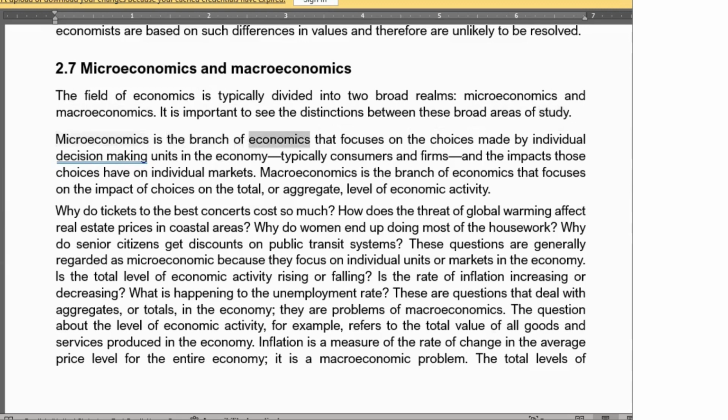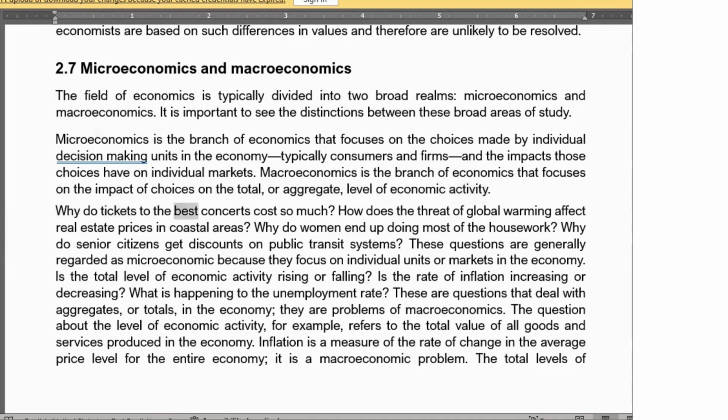Microeconomics is the branch of economics that focuses on the choices made by individual decision-making units in the economy, typically consumers and firms, and the impacts those choices have on individual markets. Macroeconomics is the branch of economics that focuses on the impact of choices on the total, or aggregate, level of economic activity.